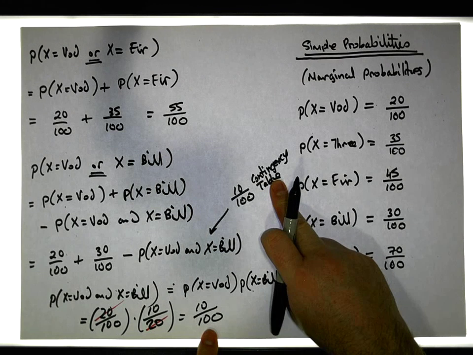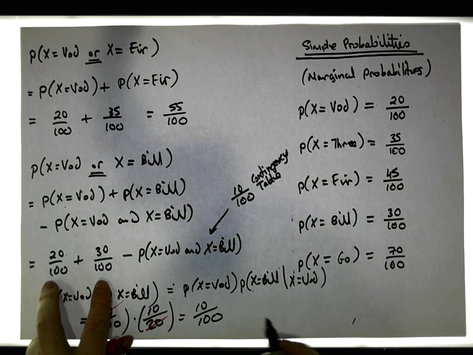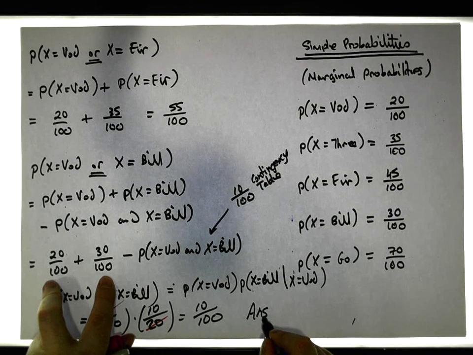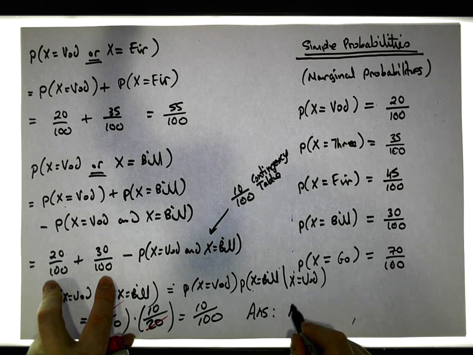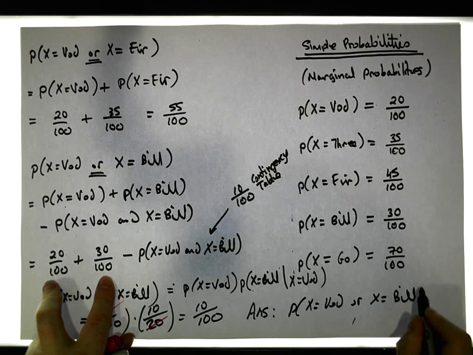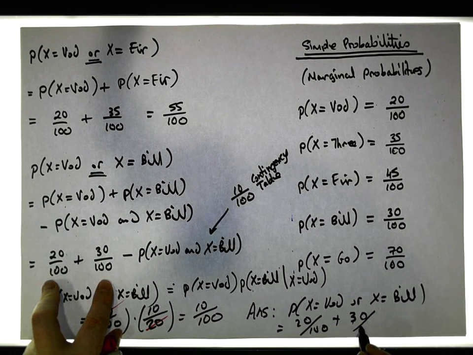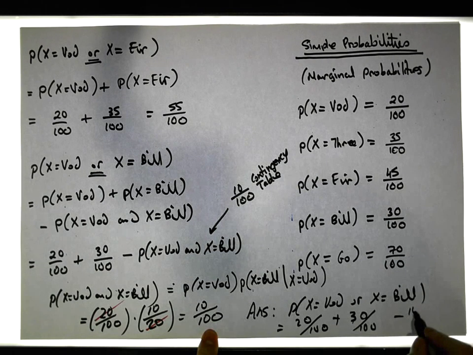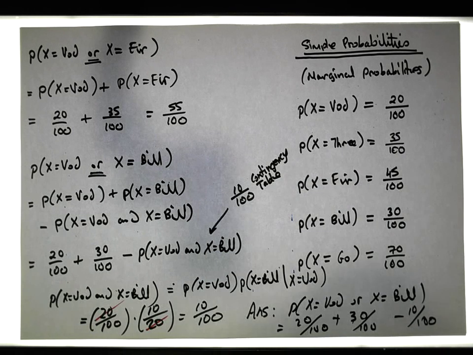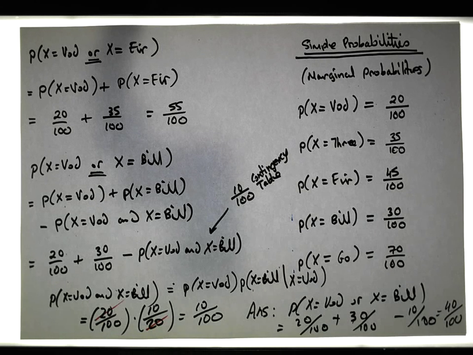So in total, the answer in this case is that the probability of X being Vodafone or X being bill pay is equal to 20 over 100 plus 30 over 100 minus the 10 chances out of 100 here, which gives us 40 chances out of 100, if that makes sense.